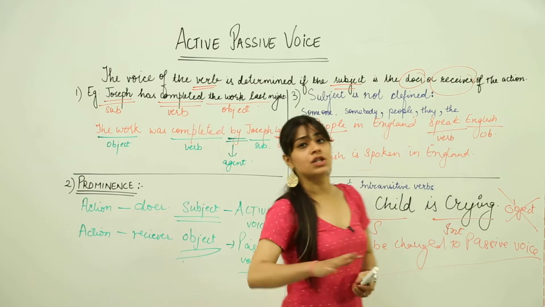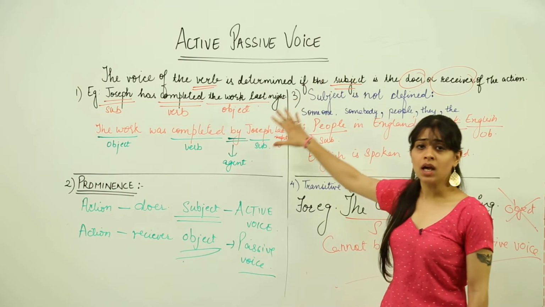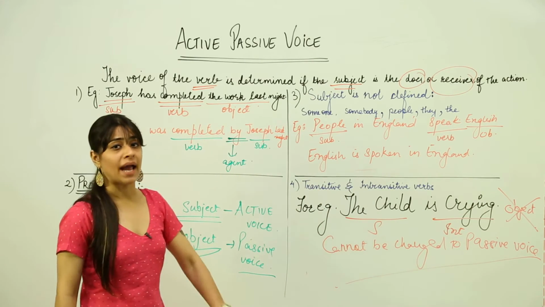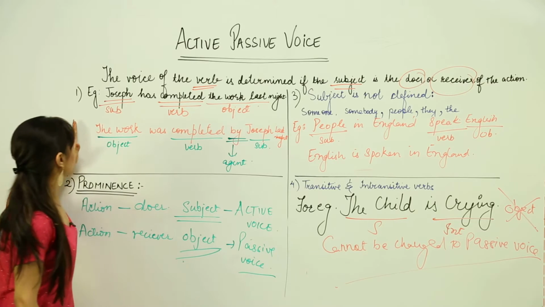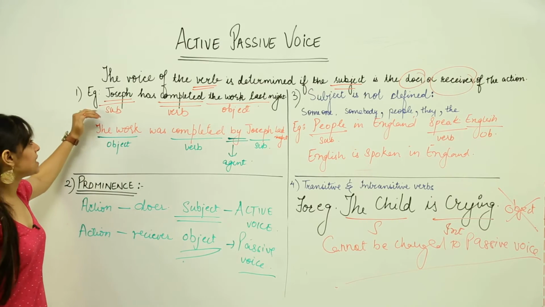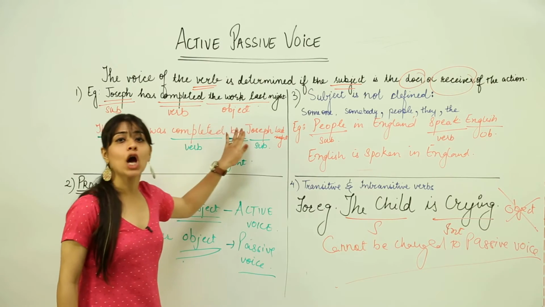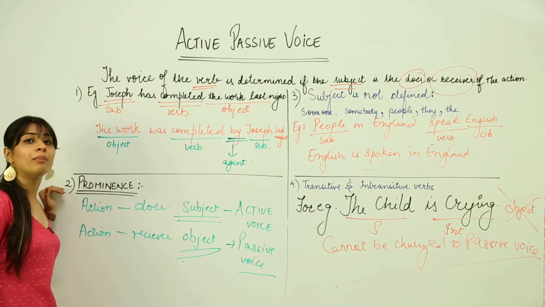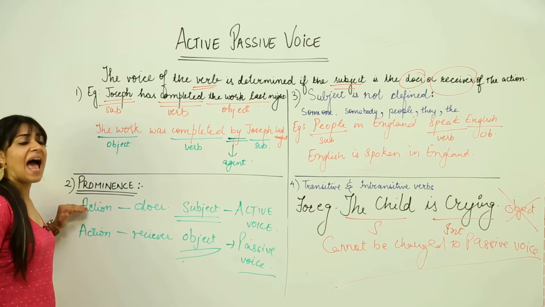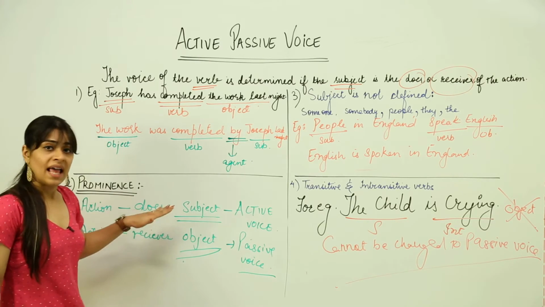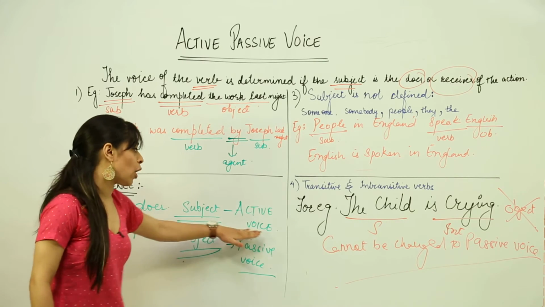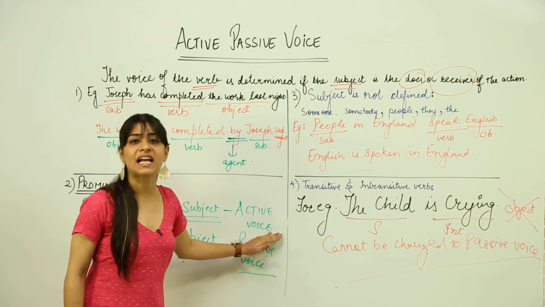Now, let's revise it right from the beginning. From active to passive voice, there are certain things to be kept in mind. First of all, we need to have a subject, a verb, and an object in a sentence. Then, we look at the prominence of the subject, the action or the doer. If the doer or the subject is prominent, it automatically becomes an active voice.